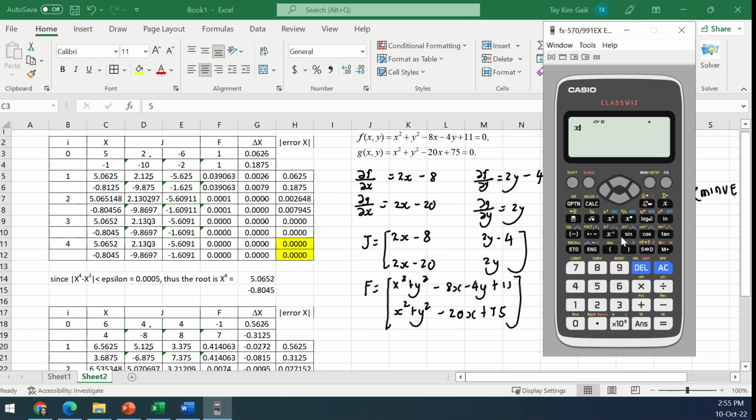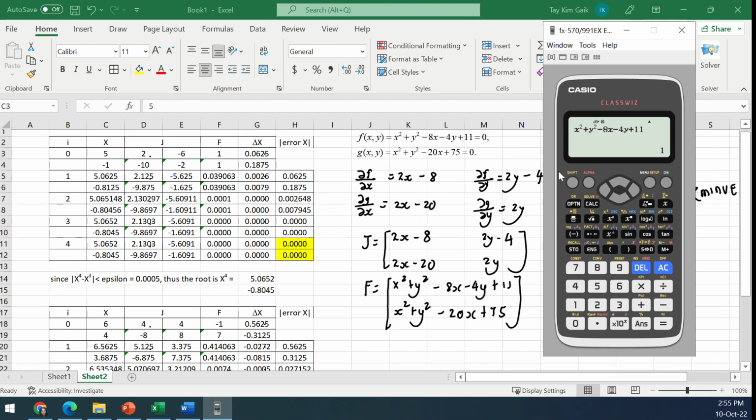So alpha x squared plus alpha y squared minus 8 alpha x minus 4 alpha y, and then plus 11, you calculate. So x is 5, go down, y is -1, and then equal. So you obtain the first case, f(x,y) is 1.